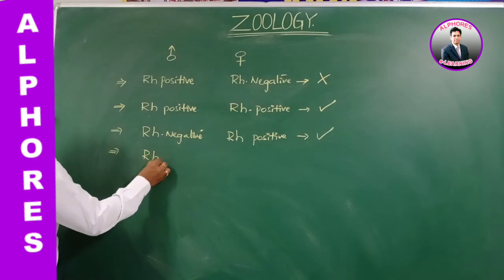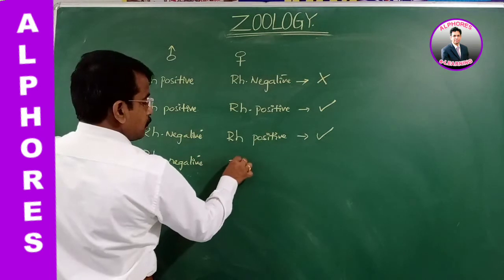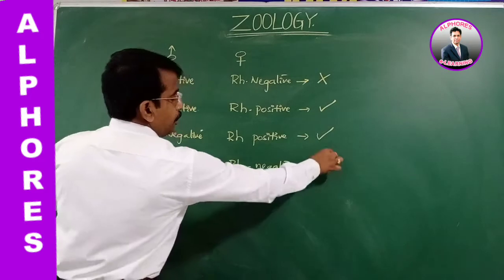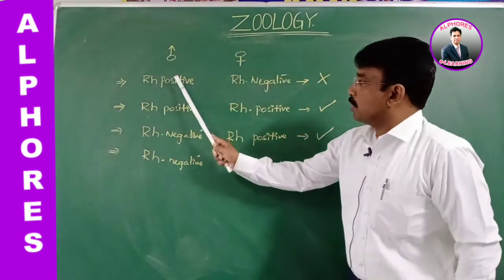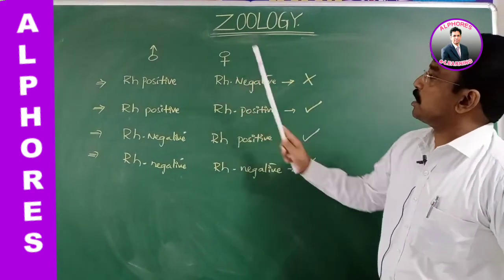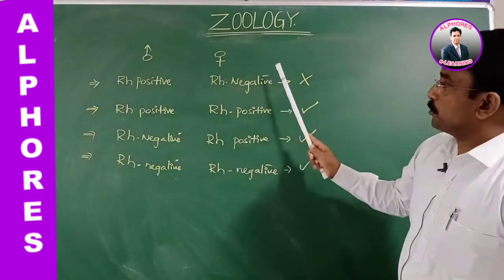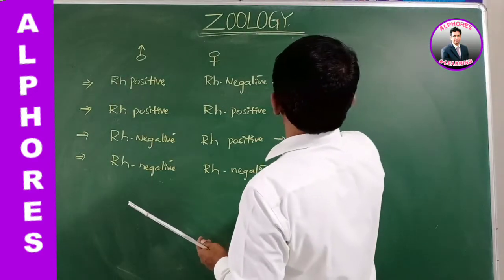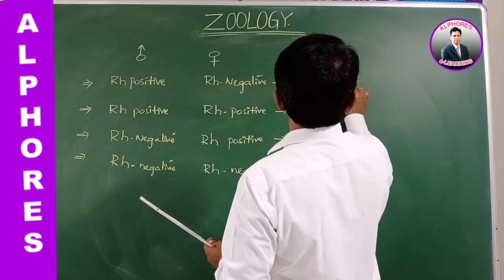Next, if both are Rh negative, this is also suggestible. So the harmful consequences are seen with the combination of an Rh positive husband and an Rh negative wife. If the male is Rh positive and the female is Rh negative, that results in genetic incompatibility. This is the genetic incompatibility.